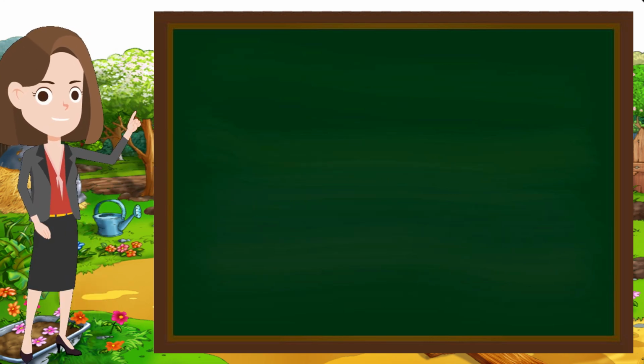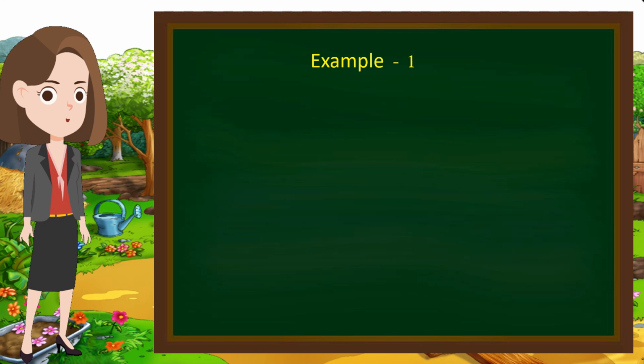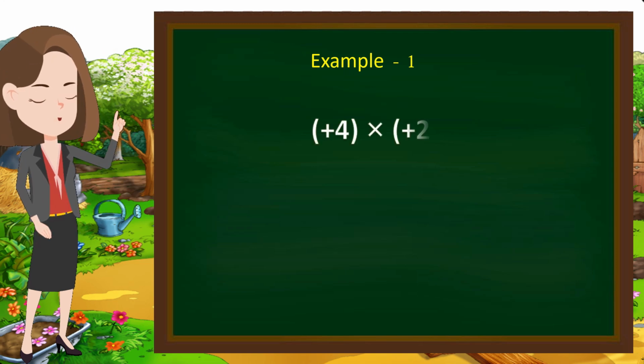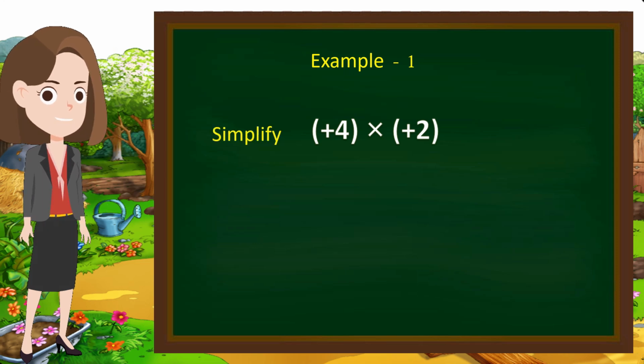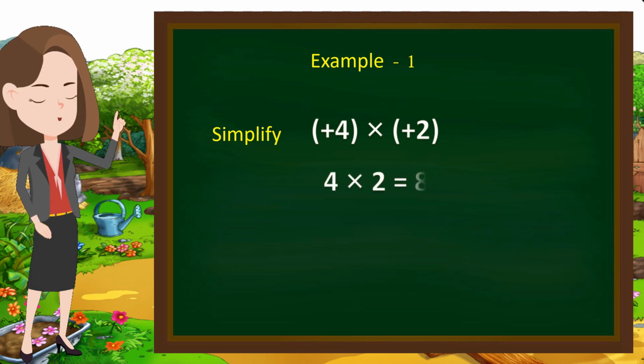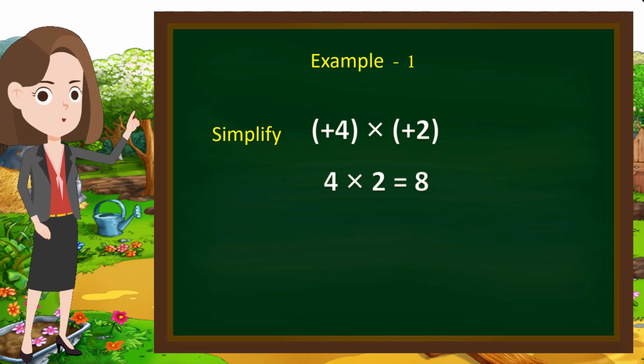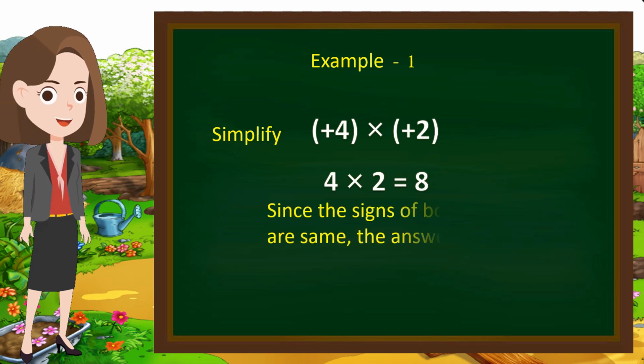Let's consider the answer of multiplying plus 4 by plus 2. Then, since the answer of 2 multiplied by 4 is 8 and the two numbers have the same sign, the answer is plus 8.